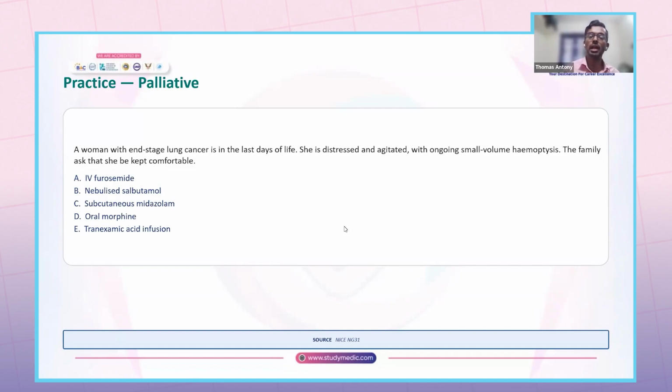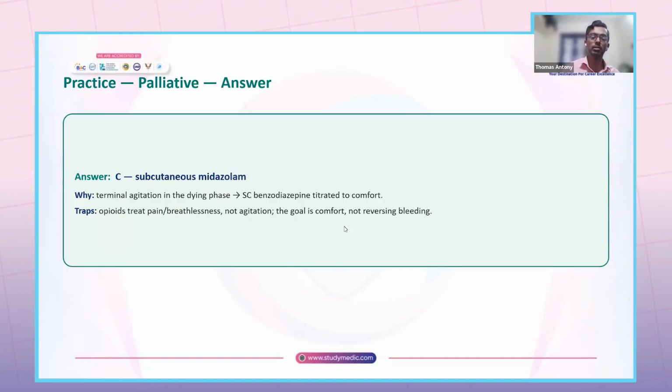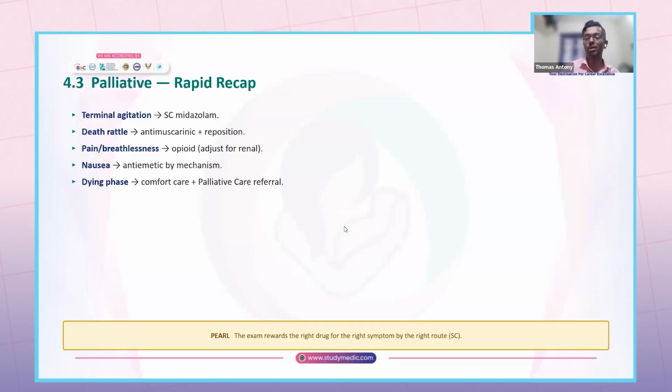Patient is distressed and agitated, so you know the answer. We have to give subcutaneous midazolam because of terminal agitation in the dying phase. Opioids, again, we know are used to treat pain or breathlessness, not agitation. So we are not dealing with the bleeding here because whatever we do, there is a limit to addressing the bleeding.